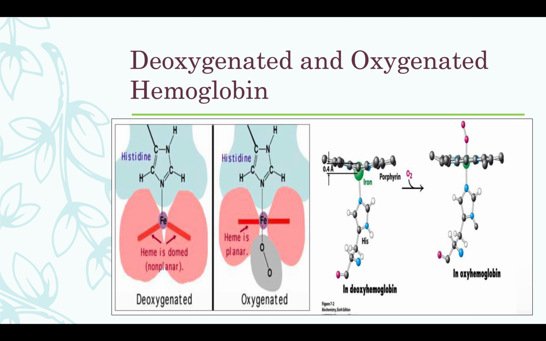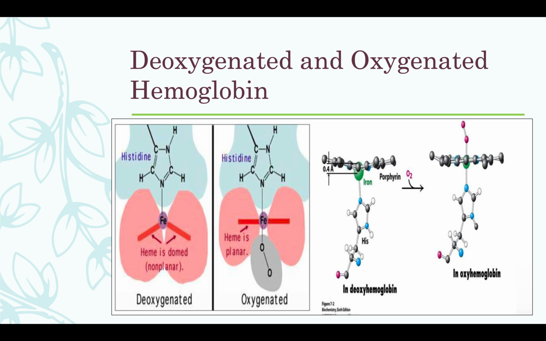And since electrons repel one another because they have the same charge, the regions occupied by the valence electrons of the heme group and that of the histidine residue are pushed apart. Hence, the porphyrin here adopts a domed nonpolar configuration. And as you can see, iron is out of the plane of the porphyrin ring.